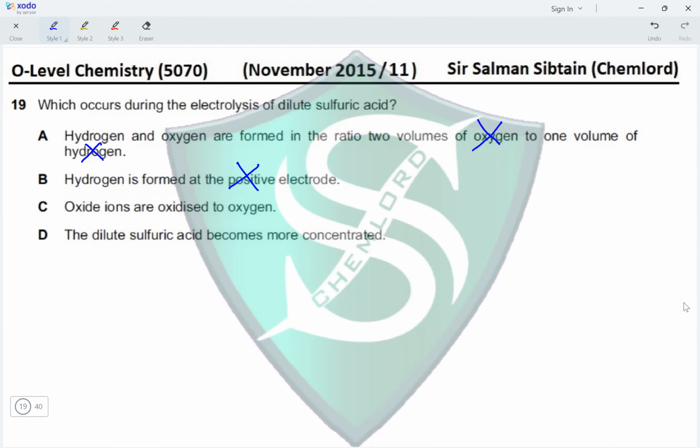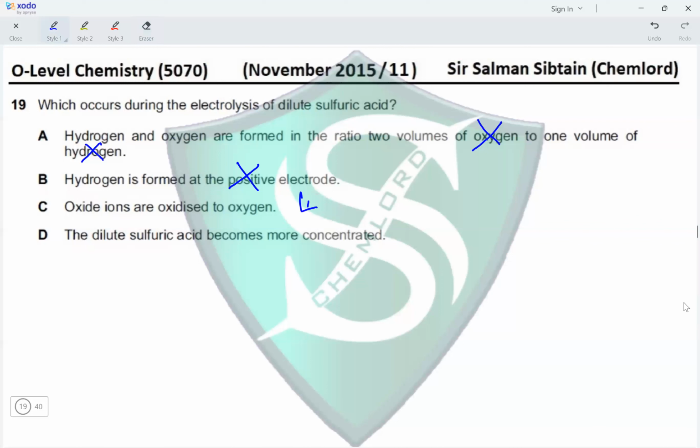Oxide ions are oxidized to oxygen. Okay. Oxide ions could be oxidized to oxygen, but oxide ions are not soluble. We have hydroxide ions here oxidized to oxygen. Although I said oxide in the first statement, in the second statement it was supposed to be the hydroxide ion. So we have hydroxide ion converting to oxygen gas and producing water.